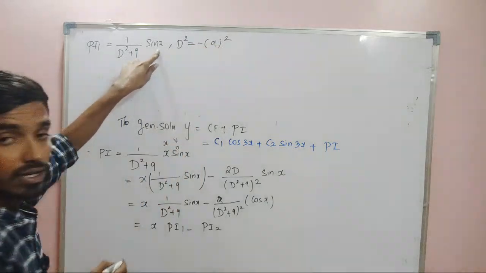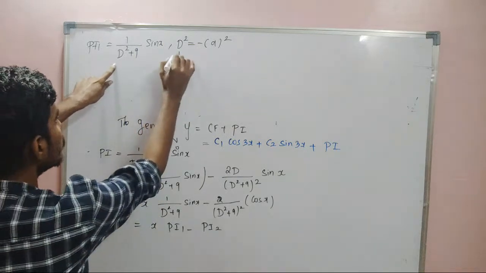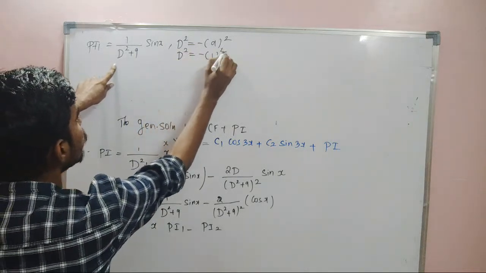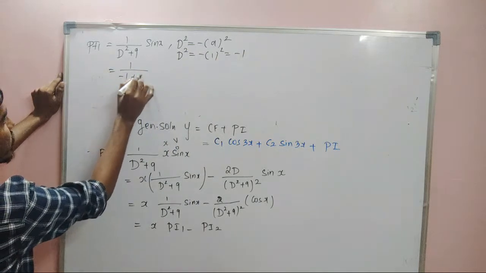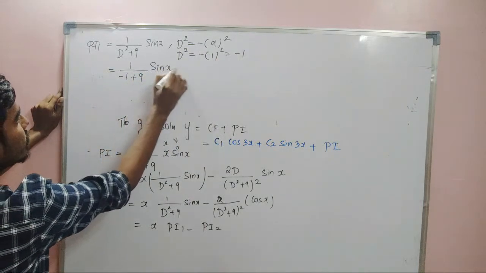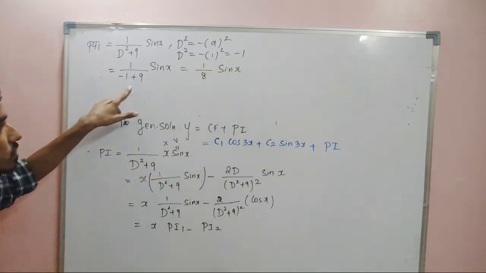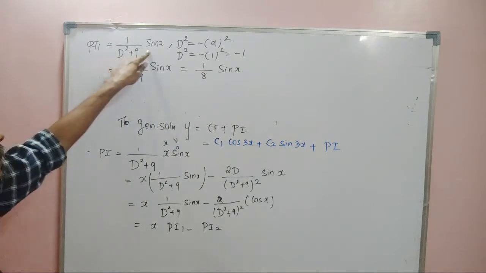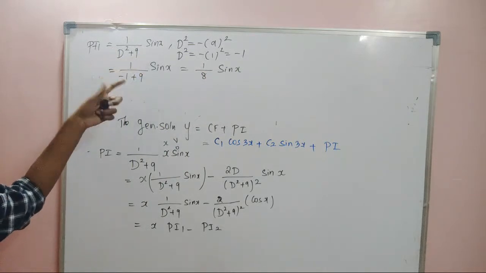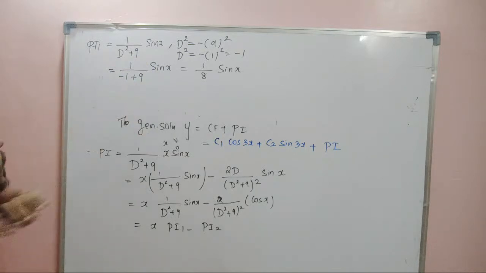What is a here? a is 1 because in sin ax, a is 1. That means we will replace D square by minus 1 square, which is minus 1. So this becomes 1 by minus 1 plus 9 into sin x. This will be 1 by 8 sin x. Suppose this turns out to be 0, we will multiply by x, differentiate the denominator, and then operate once again. But since it is not 0, this is our PI1.